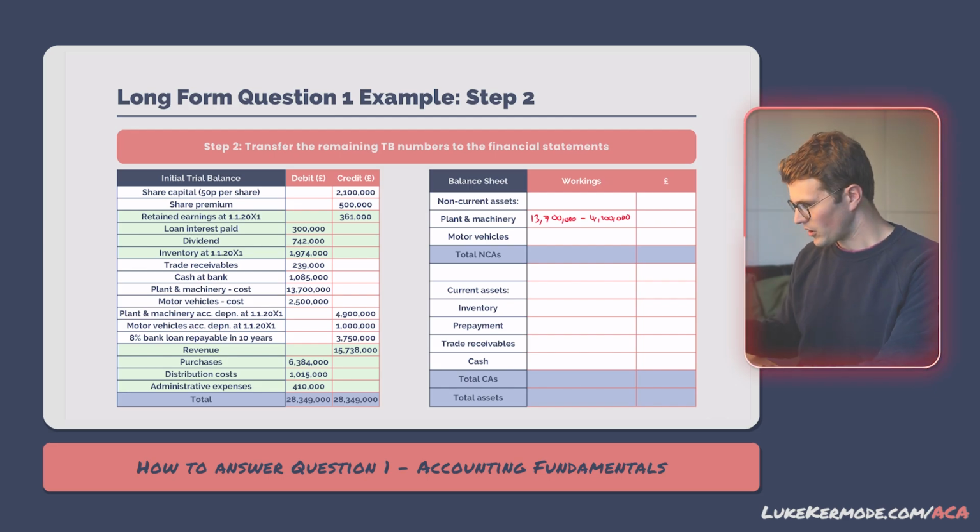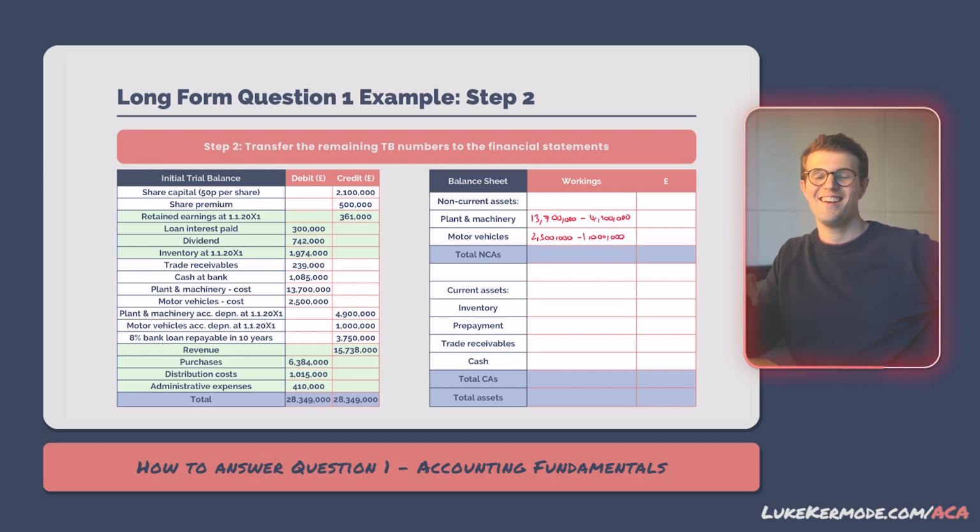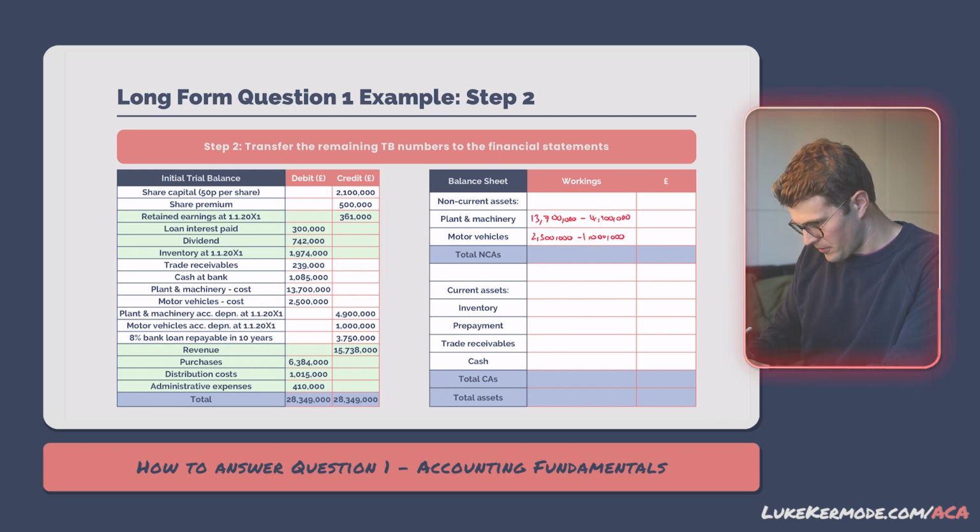Next, motor vehicles, we have a cost of 2.5 million and 1 million of accumulated depreciation. So again, we need to net those two off against each other in the motor vehicles section. And we can tick those off. Plant and machinery cost, motor vehicles, accumulated depreciation.